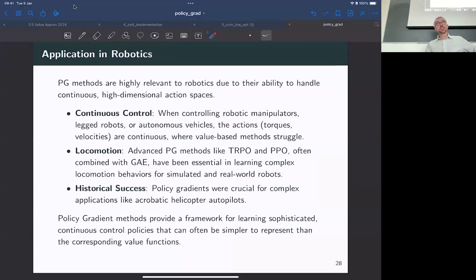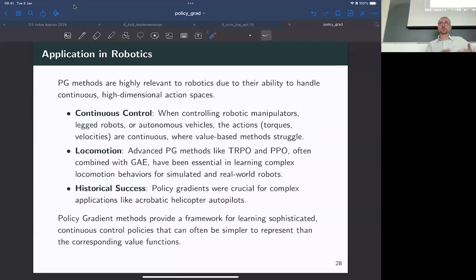In robotics, these policy gradient methods have had a lot of success. They've been applied to solve many problems. I would say that they're the most commonly used for robotics applications, especially PPO, which is very widely used in robotics and not only in robotics. Even if they're not the most efficient methods in terms of sample efficiency, they are very stable, so they're relatively easy to make converge, and they can be parallelized very easily.